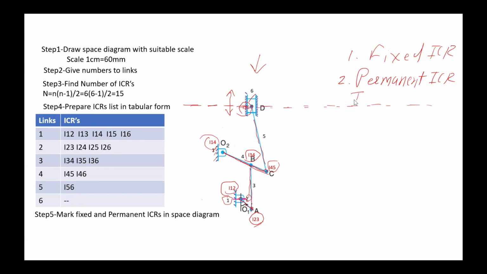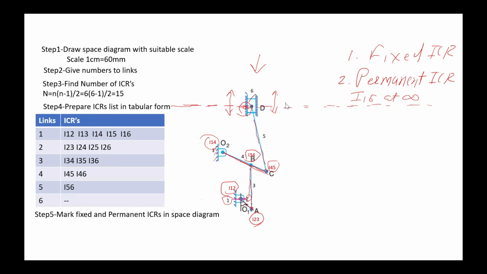So this is the ICR of 1, 6 at infinite. So I16 will be the perpendicular line to the line of stroke of this slider. The slider has a vertical line of stroke, so the ICR will be a horizontal line for 1 and 6.